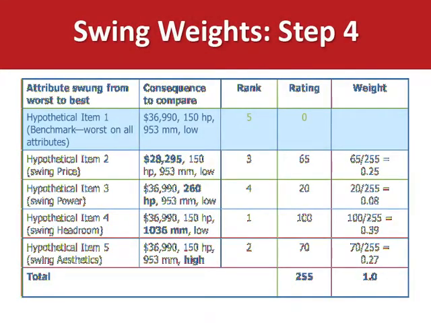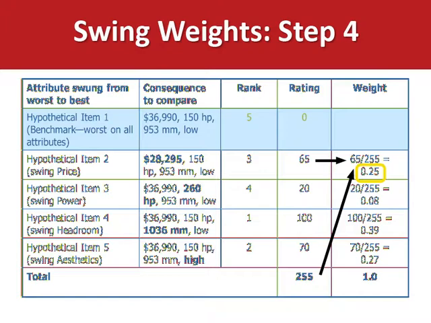In the final step of swing weights, I take the rating for each of the alternatives and divide by the total number of points I assigned through the whole process. So here I assigned hypothetical item number 2, 65 points, and I divide that by a total of 255. And that gives a number 0.25.